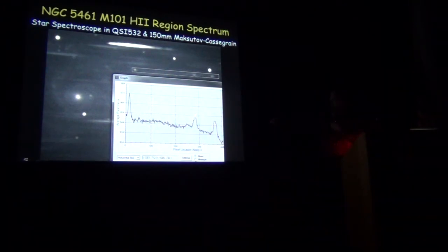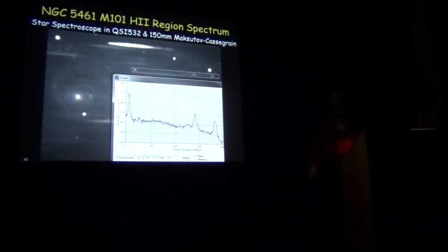Those 2 lumps are basically a set of elements, and there's not a continuum. So that little bright thing is not a star. It's basically an ionized gas of hydrogen, ionized to the first level.